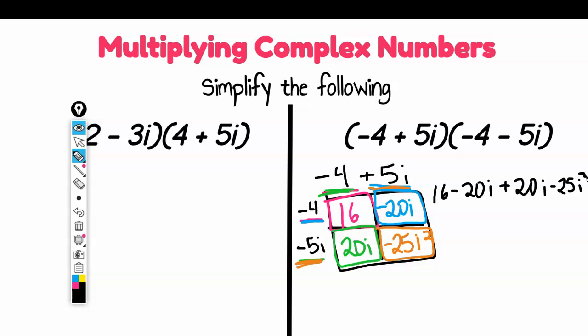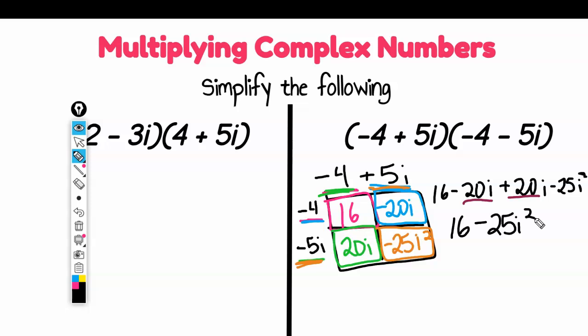So I can combine like terms first. Negative 20i plus 20i is 0. They're the same value, like absolute value, but different signs, so I add them together, they cancel out, is 0. And so really, I'm left with 16 minus 25i squared.